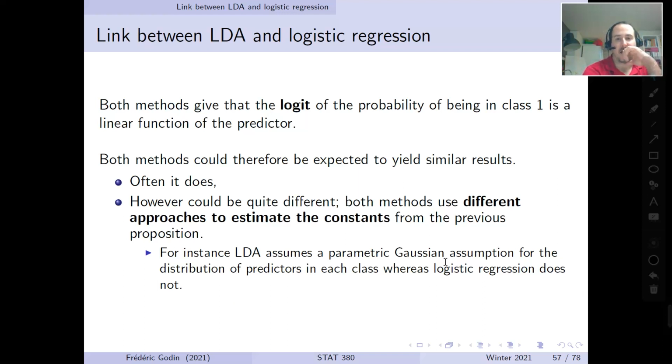Well, sometimes yes, sometimes no. As we said, both methods imply that the logit of the estimated probability in the first class is a linear function of the predictor. Because of that, in many cases the solutions can be similar because their nature is similar, but sometimes both methods can lead to quite different classification rules. Why is that the case?